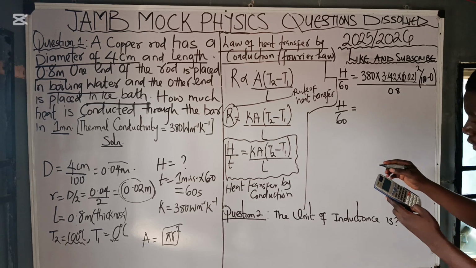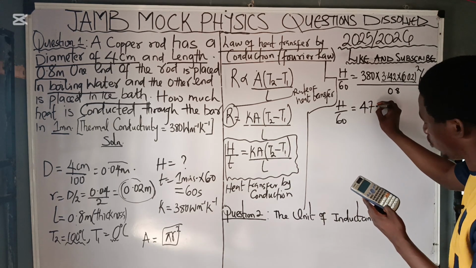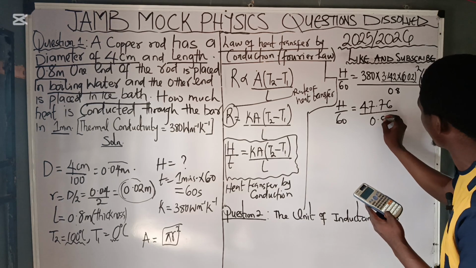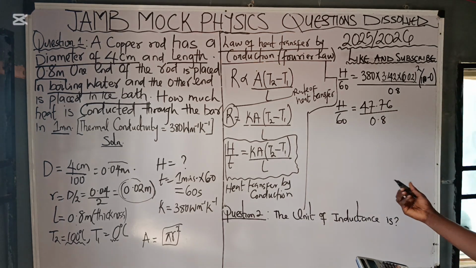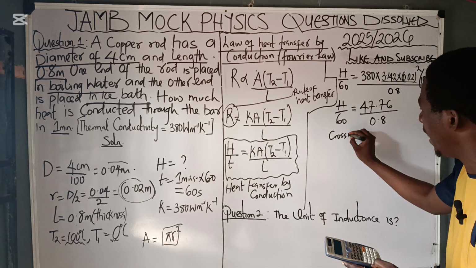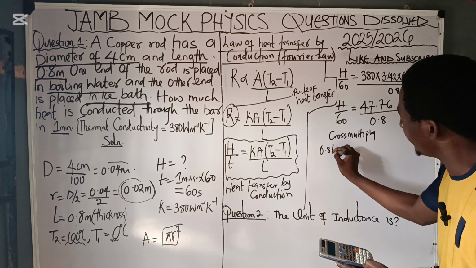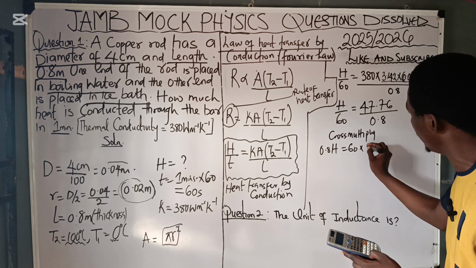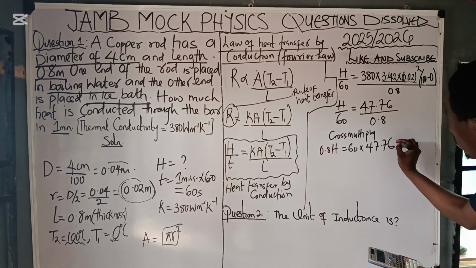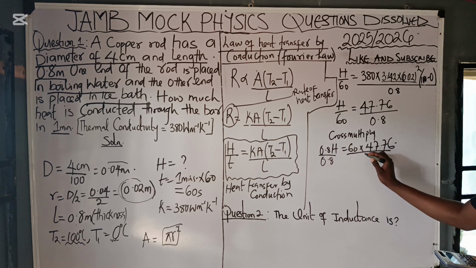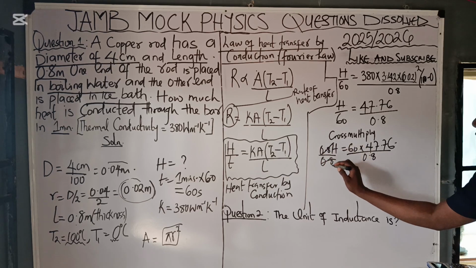That will give us 47.76 over 0.8. So we simply cross multiply. I will have 0.8H equals to 60 times 47.76. So we divide both sides by 0.8 to get the amount of heat transfer.